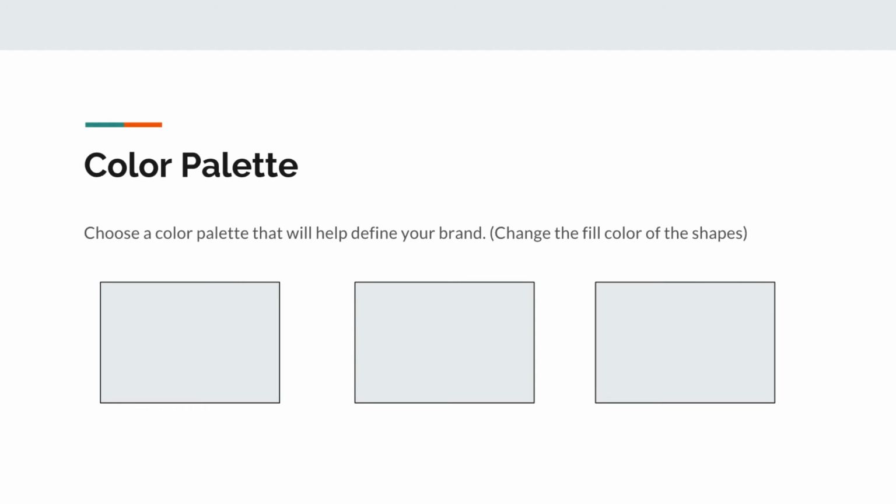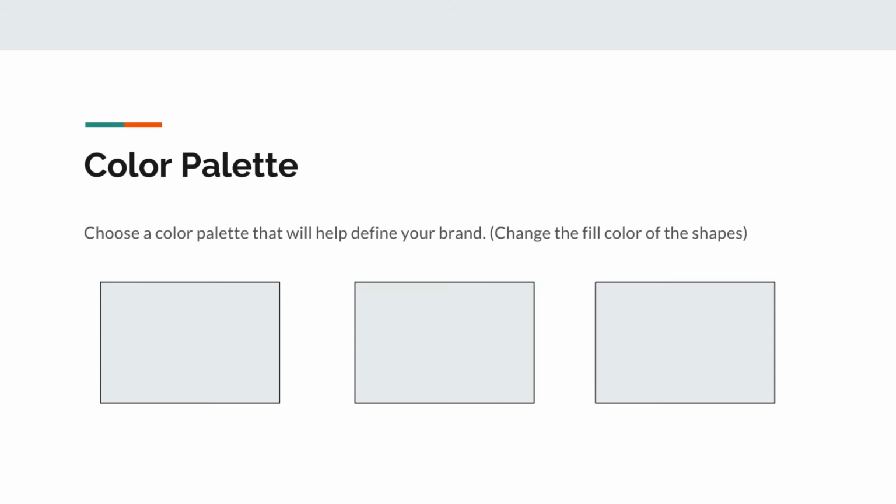Now, you want to think about colors that already match the decisions you made about your identity so far, right? If your company and your product is more traditional, you want to stay away from really bright and flashy and vibrant colors. You want things that are more subdued, grays and blacks and whites and blues and stuff like that.